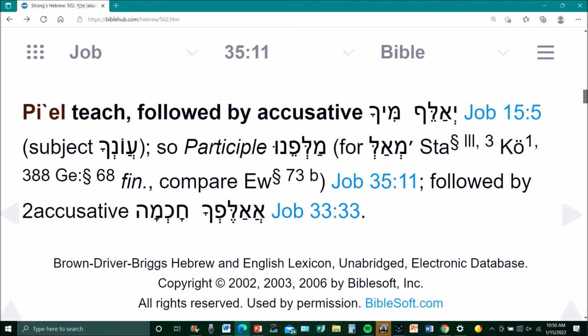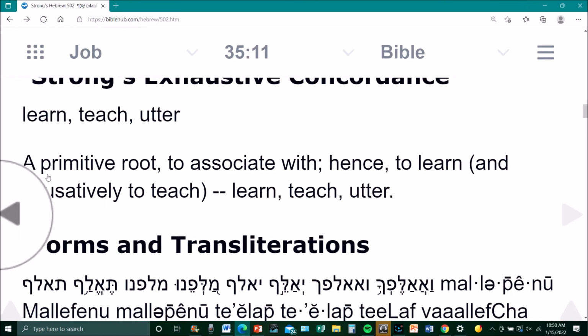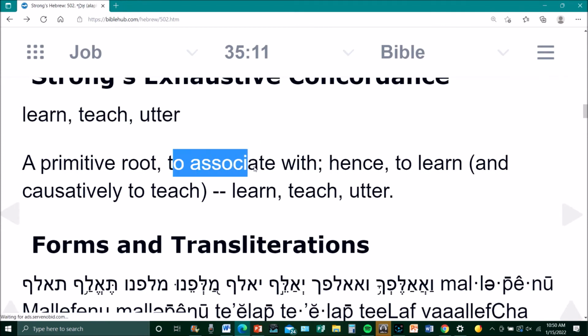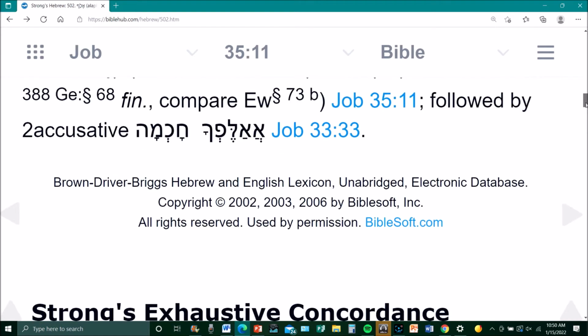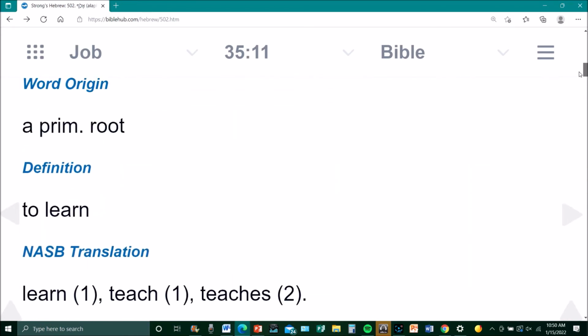We can go all the way down here. It's a primitive root to associate with, hence to learn, and causatively to teach. All of that information is in that word. That's the first definition.